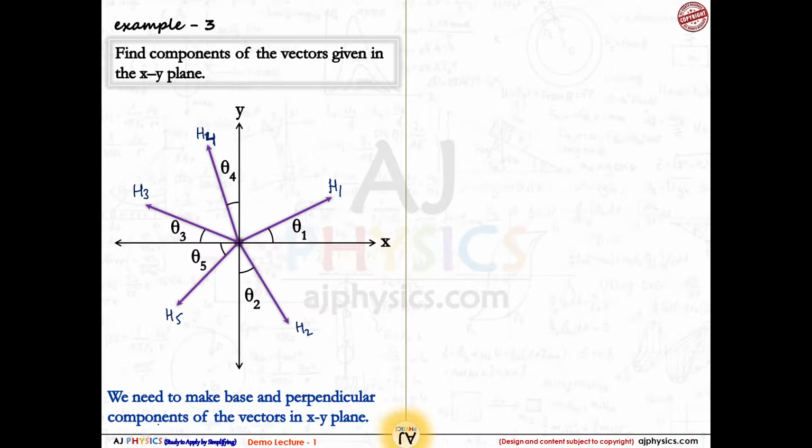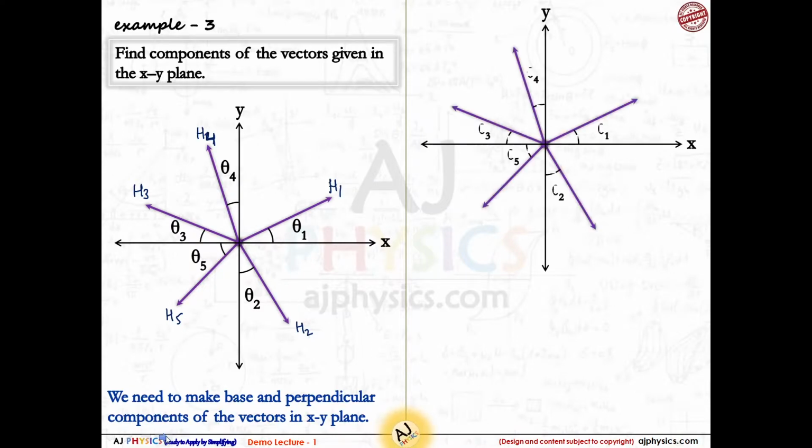Now for the first vector, the base is lying on the x-axis, like this is the base, and the perpendicular is lying here. So I can write the h1 vector as b i cap plus p j cap.